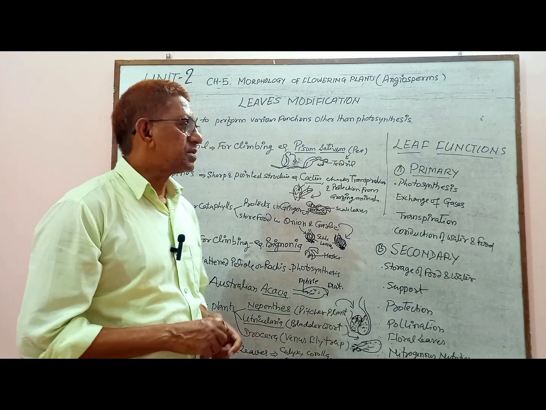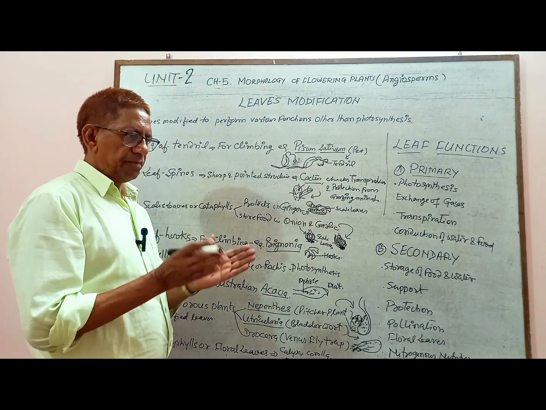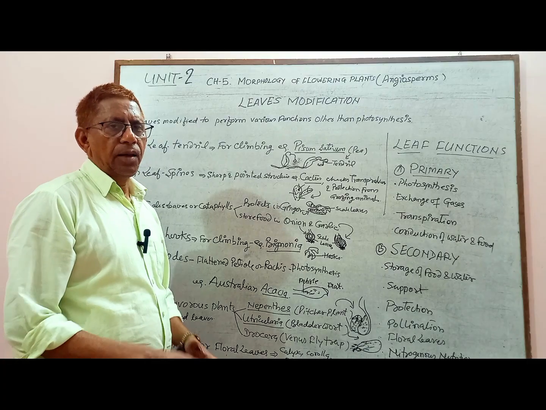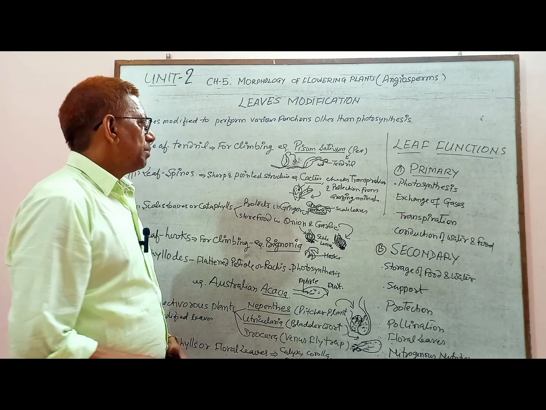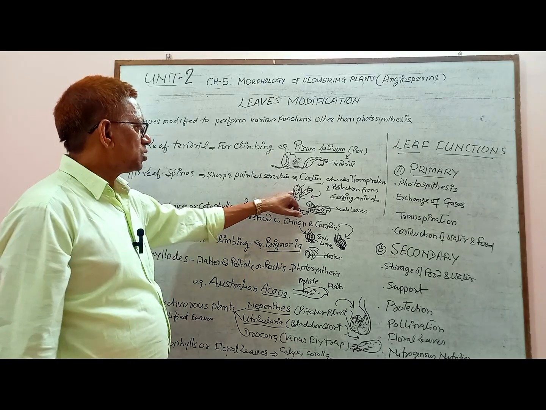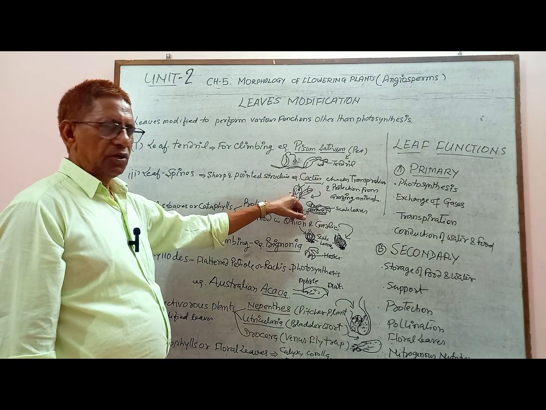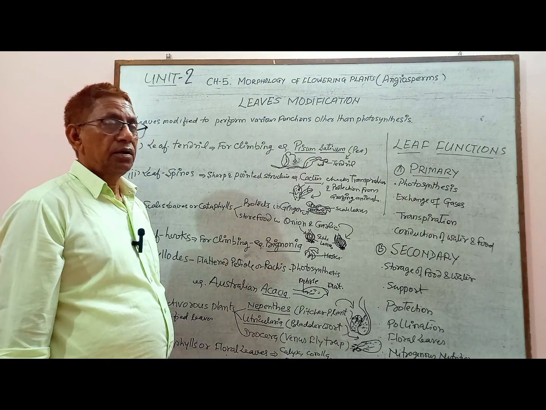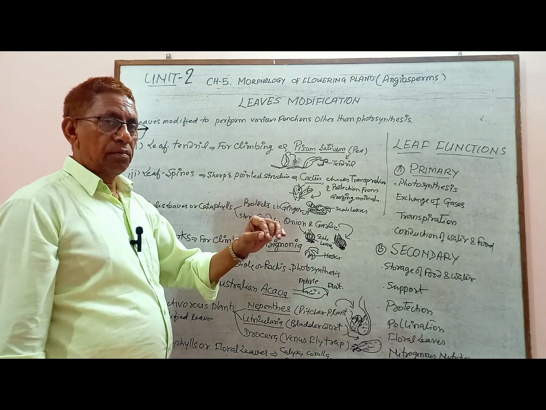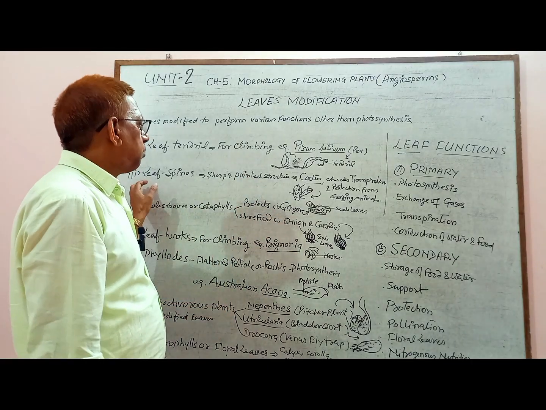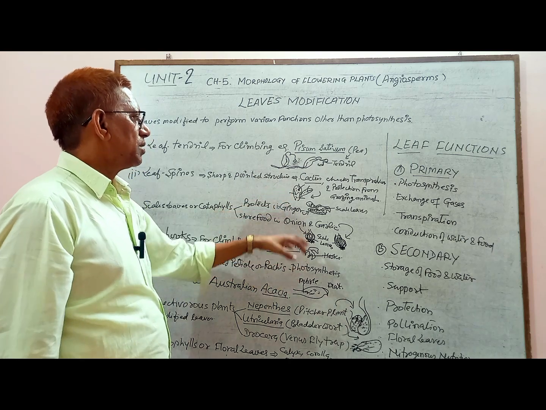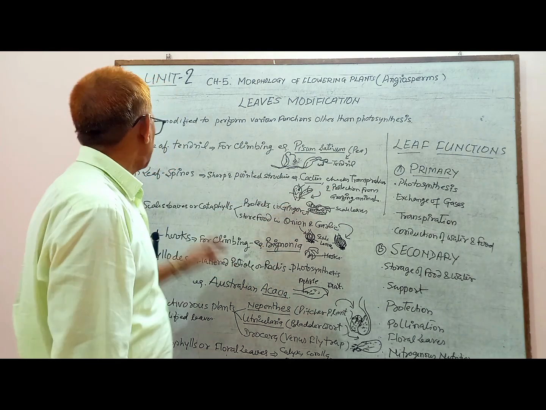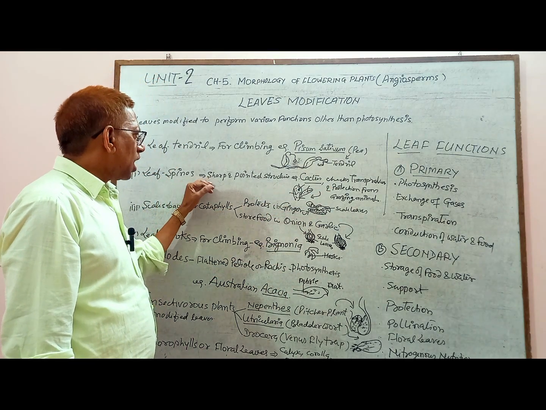So in this case, the leaf, which is a wide lamina or leaf blade, changes into a spine-like structure. This spine is responsible, no doubt, for protection as well as for reducing transpiration.